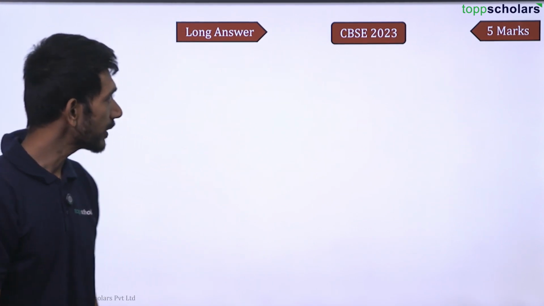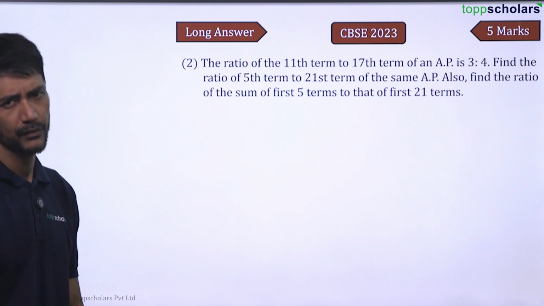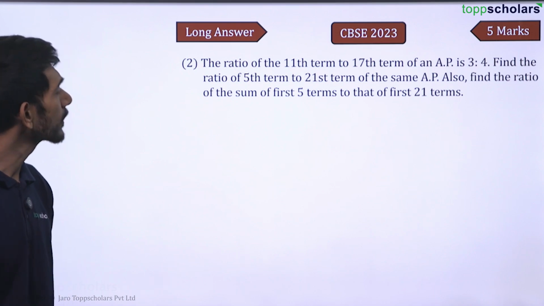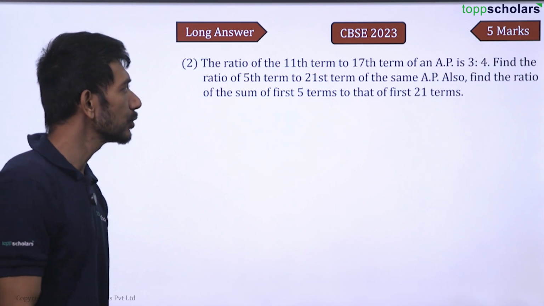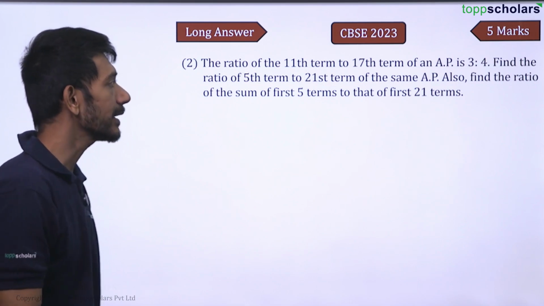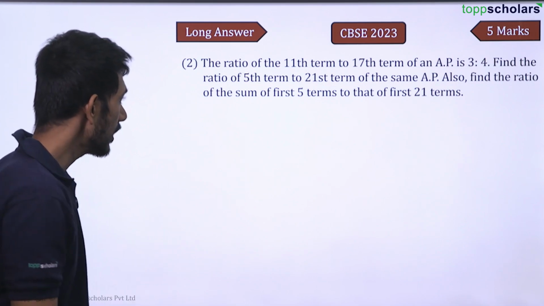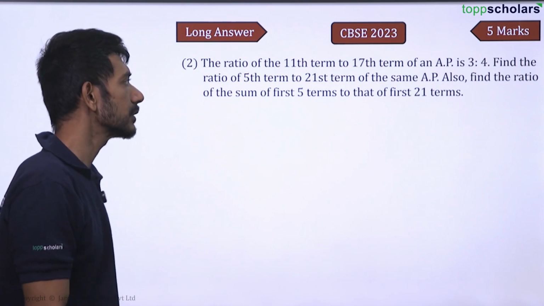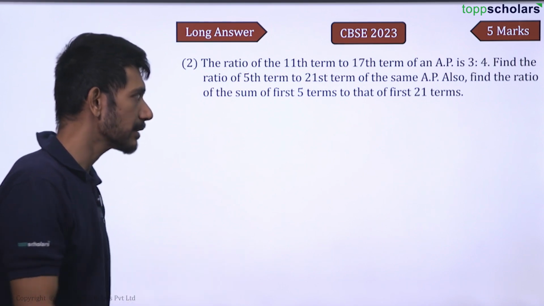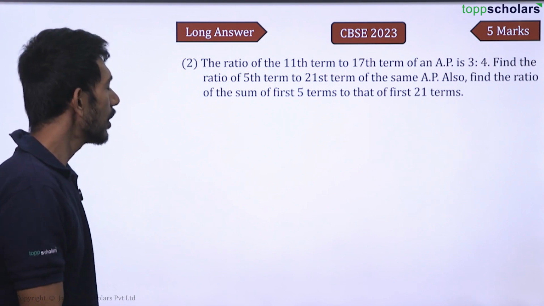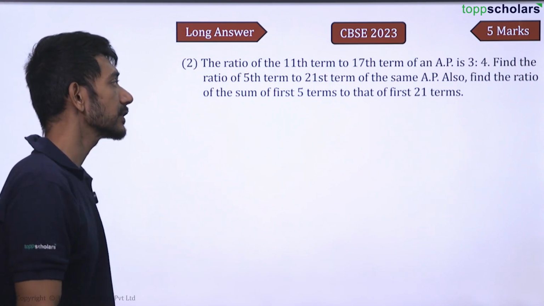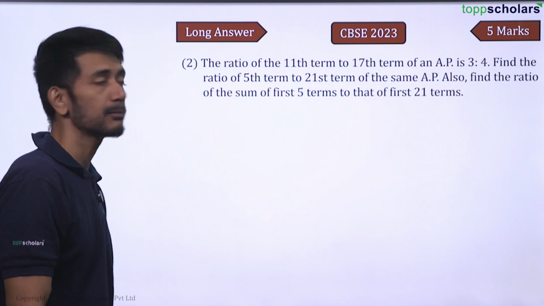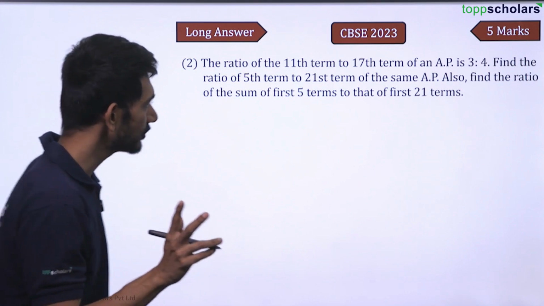So let's see a 5-marker question now, slightly lengthy, but we'll go slowly. I'll break it down for you. The ratio of the 11th term to 17th term of an AP is 3:4. Find the ratio of the 5th term to the 21st term of the same AP. Also, find the ratio of the sum of the first 5 terms to that of sum of first 21 terms. So basically 2 questions.